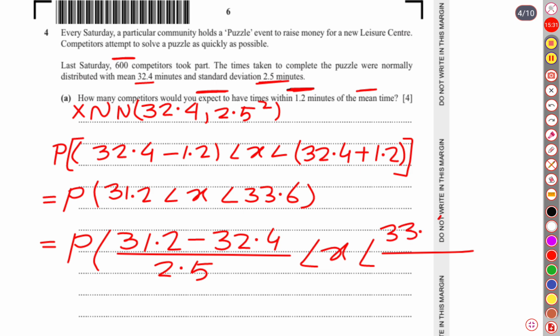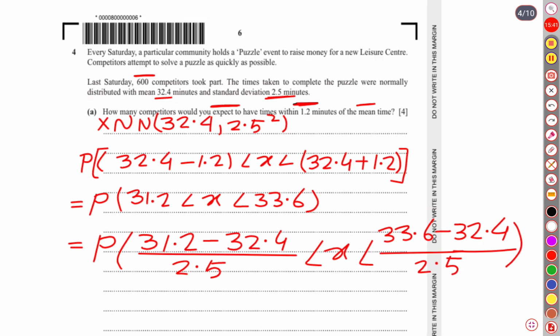The z-score is 33.6 minus the mean value 32.4, over the standard deviation, which is 2.5. Then we are going to use our calculator for the value.